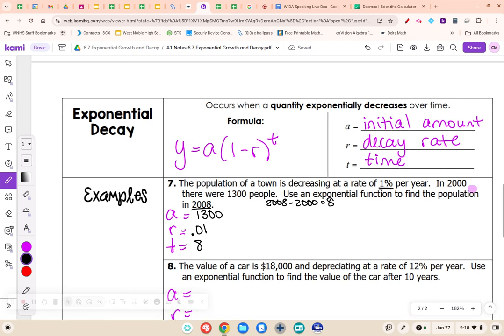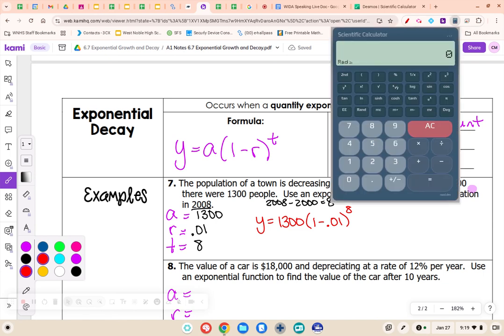So, we'll now put this into our formula. Y equals our initial amount times 1 minus 0.01 to the time 8. 8 years has passed. We're going to see how many people are left in this town at the end of 8 years. So, use my calculator.